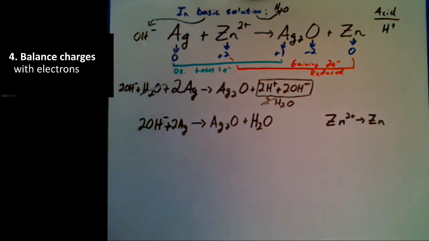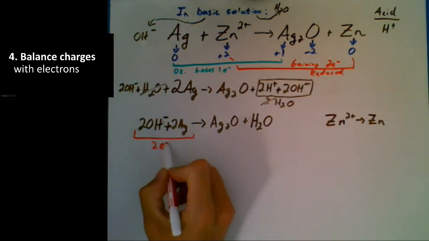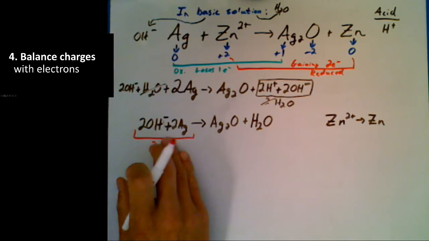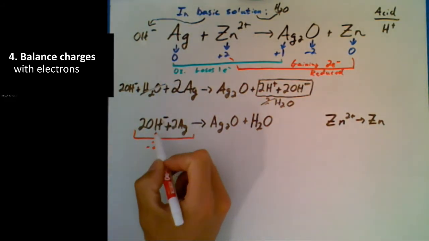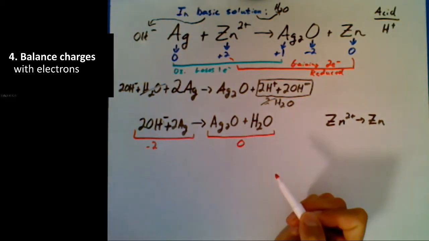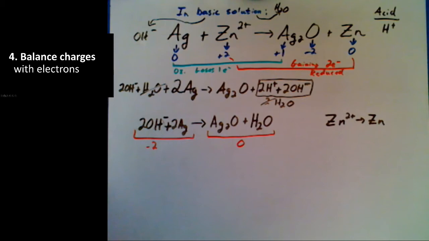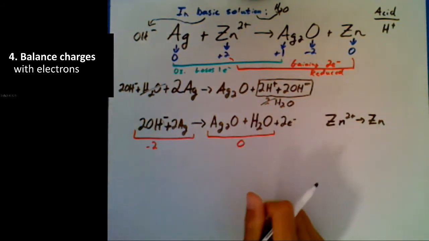So if we count up our charge on each side, here we have 2 minus as our overall charge. The 2 from the OH- gives us that minus 2. Overall charge is 0 over here. What that means is we're going to be adding 2 electrons on this side of the equation.